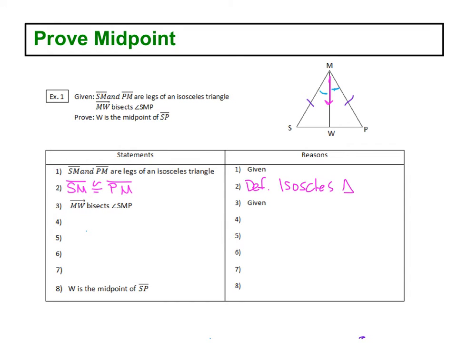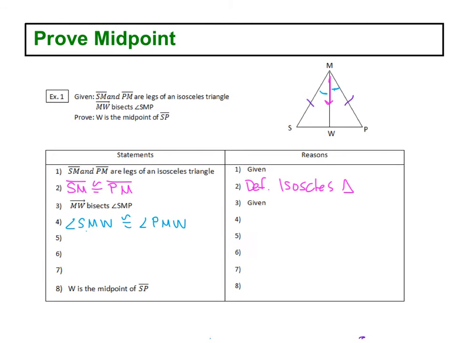Okay, then we have this ray MW bisects that angle. That's given information. Well, once we knew that that was a bisector up here, that's when we marked these two congruencies. So we can go ahead and state those angles as congruent. So we can say angle SMW is congruent to angle PMW.